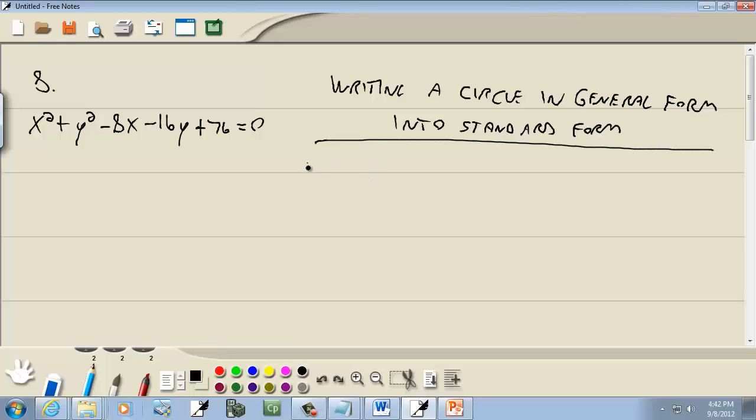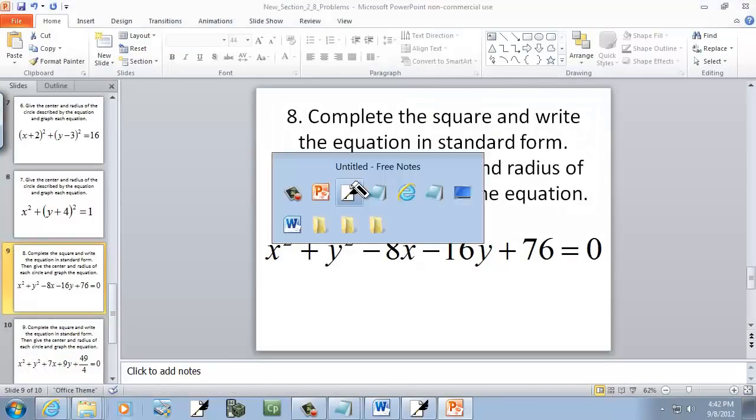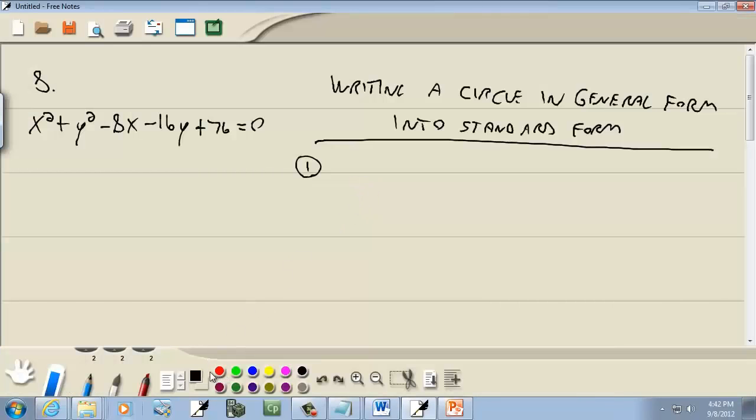Okay, so our first step. Actually, you don't have to do it for any of these problems here, but I'm going to go ahead and put it here just for completeness' sake. Our first step is to divide everything by the number in front of the x squared.